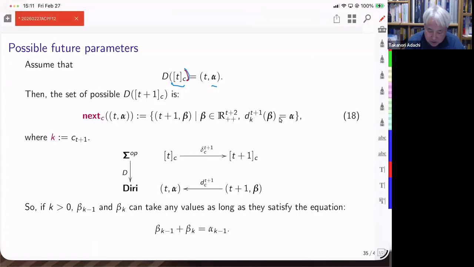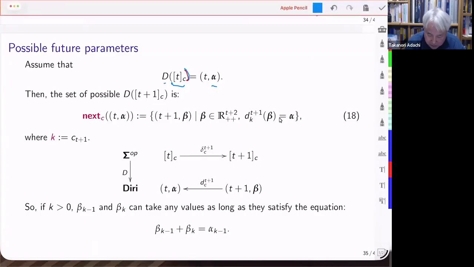So if we have the Dirichlet functor D, which assigns the time T in the context C to the pair of the time T with parameter alpha. Then the next one would be T+1 with beta, but this beta is a degeneracy map, decreasing one dimension.